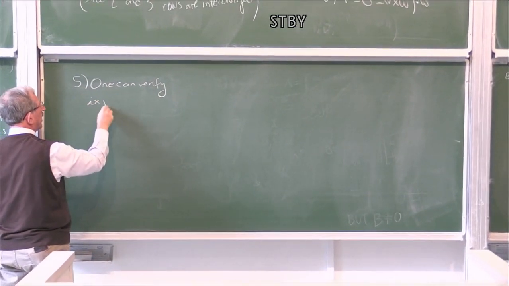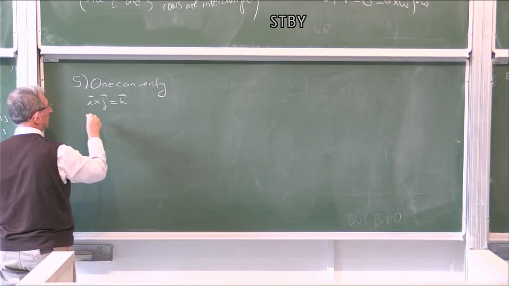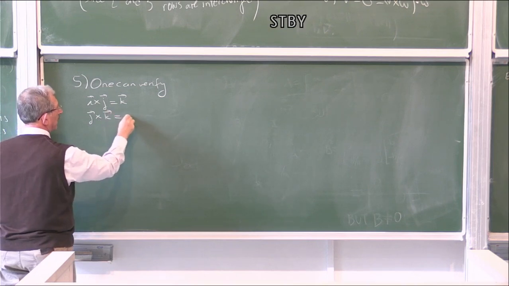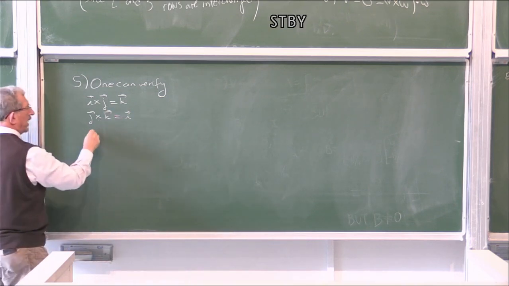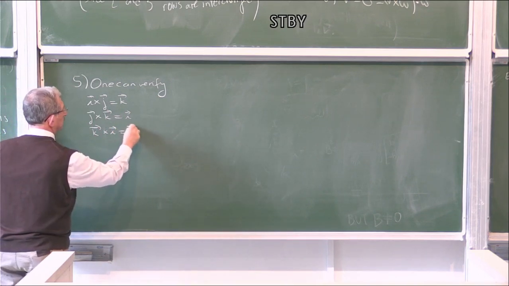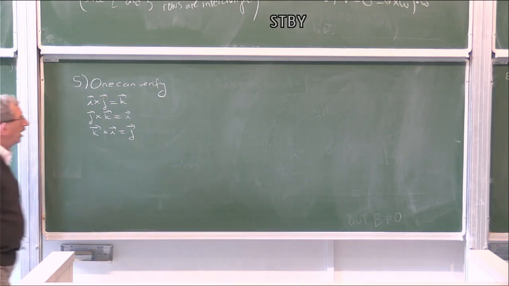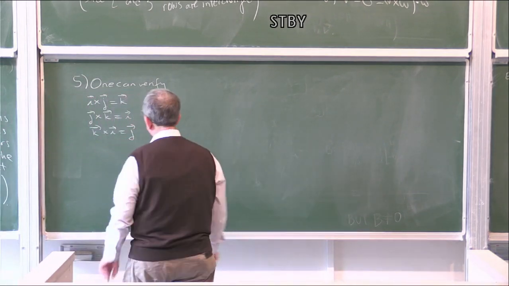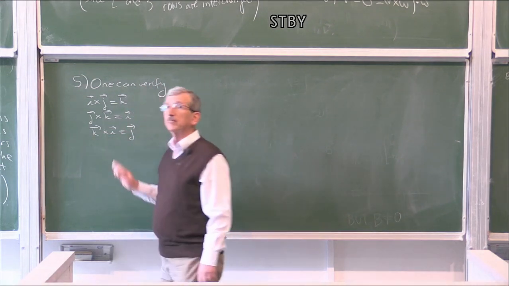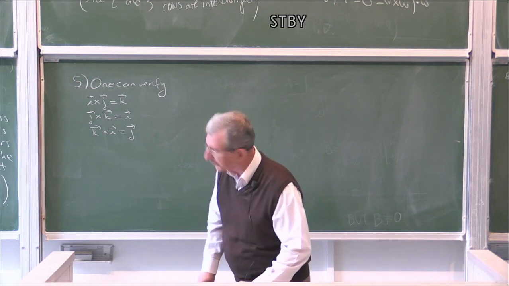I cross J is K. J cross K is I. And K cross I is J again. Now, of course, if you consider, for example, I cross K, that would be minus J, because you change the order.